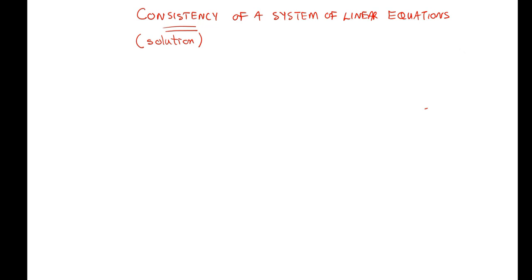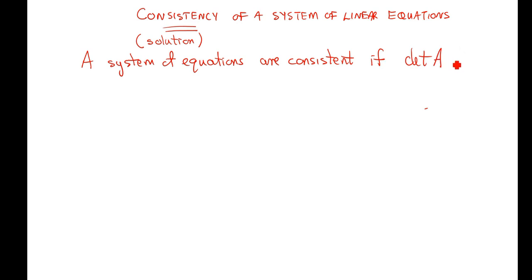So how can we quickly check that a system that's given to you is consistent? Well, we say that a system of equations is consistent if the determinant of that matrix A is equal to 0.